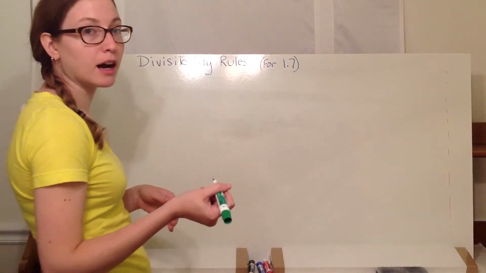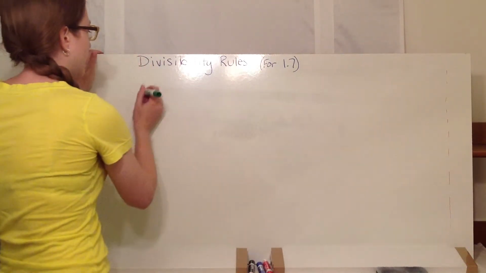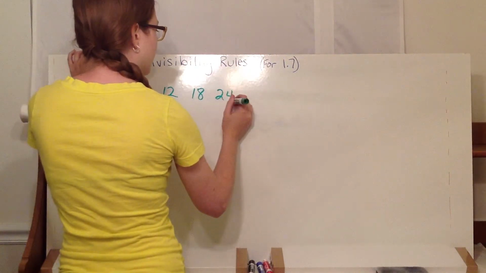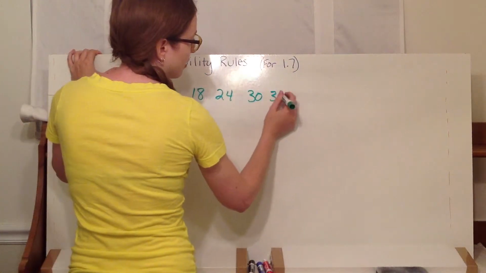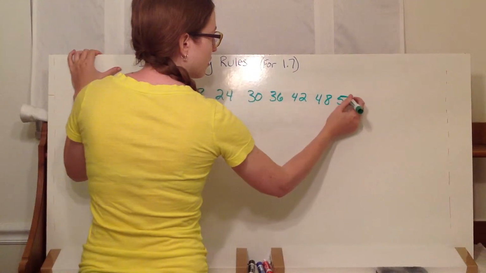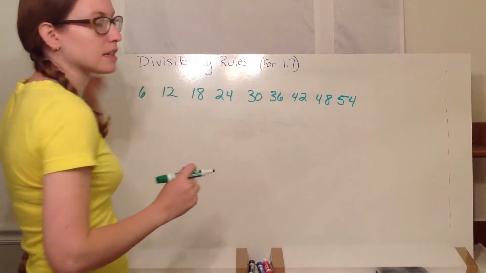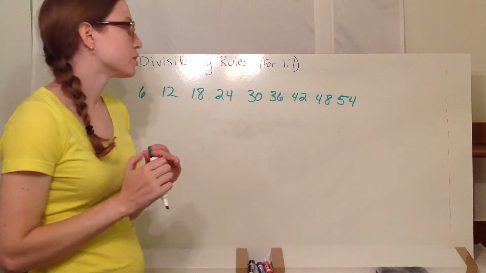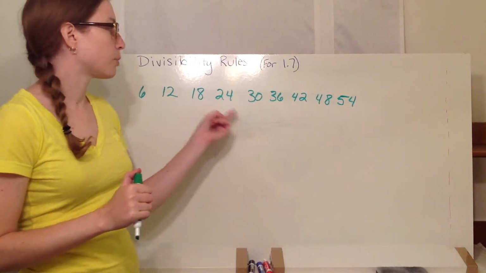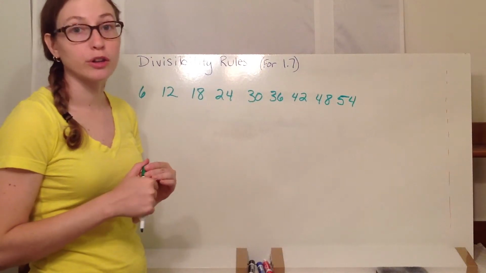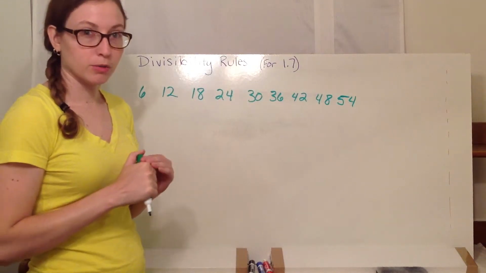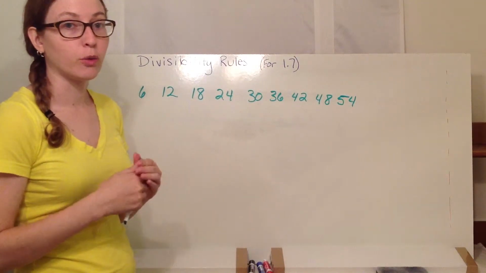So some of the multiples of 6 are, and that continues as well. So we don't have anything visual for 6. This number won't ever end in a 1 or a 3 or a 5. And that kind of plays a part in our rules that we're using before.